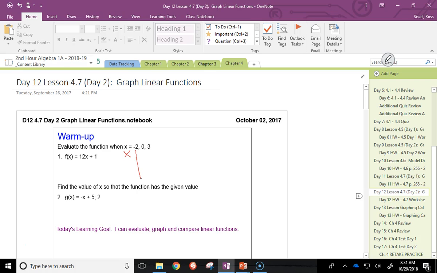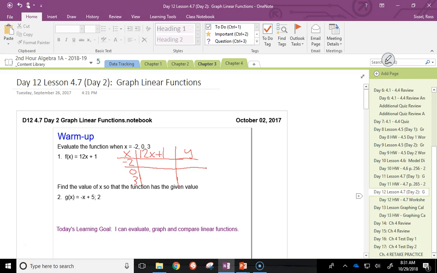And what's our function? Okay. So our x values are -2, 0, and 3. So what's our first step for -2?